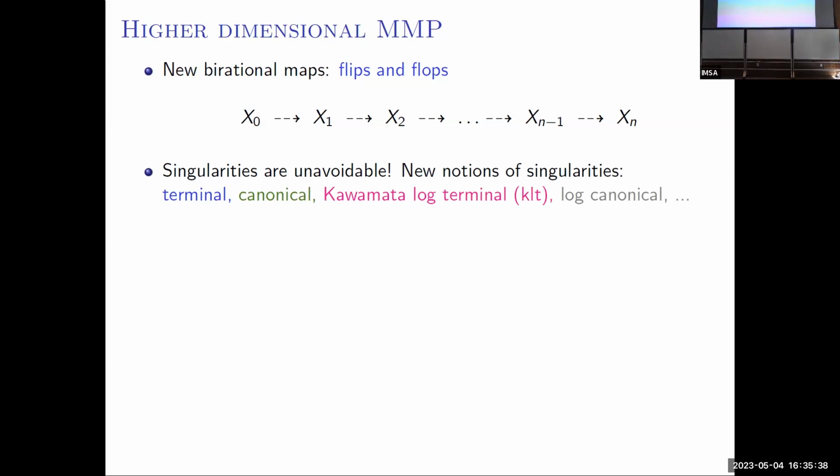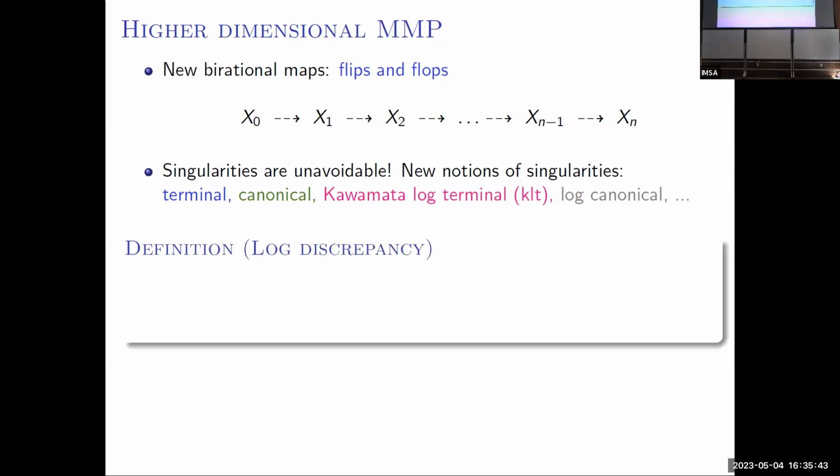So I would like to give you the definition of one of these types of singularities. And for that, let me introduce what we call the log discrepancy. So you will start with some variety X. And now consider any birational morphism f from another variety Y to X. So you can think of this f as, for instance, a blow-up. And then take any prime divisor E on Y. So for instance, you should think of this E as the exceptional divisor of a blow-up.